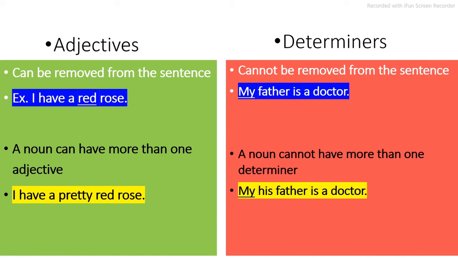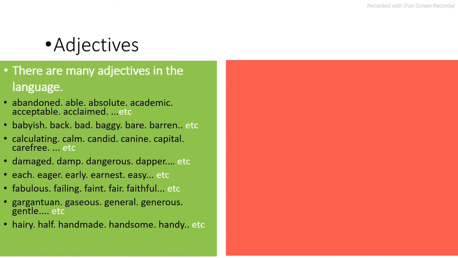Like my his father is a doctor, can we use it like that? My possessive form and his possessive form, both determiners, can we use them? No, it again creates misunderstanding, the meaning is not clarified, so we cannot use more than one determiner.